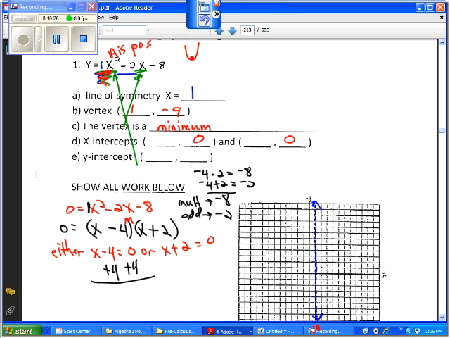Plus 4, x equal 4. Minus 2, x equal negative 2. So my x-intercepts are 4, 0, and negative 2, 0. Let's see how we got that.